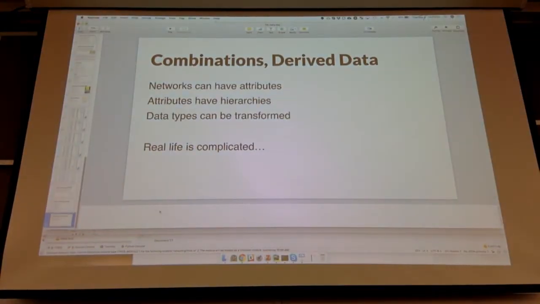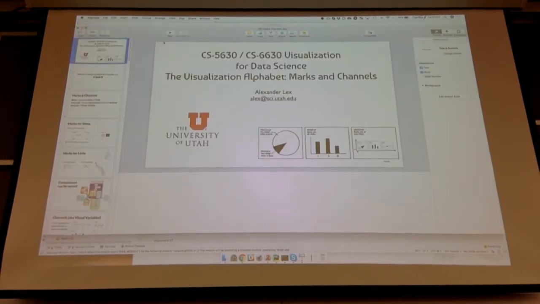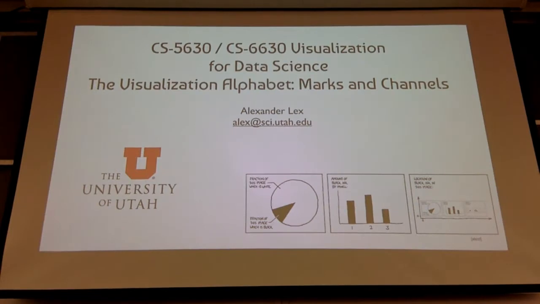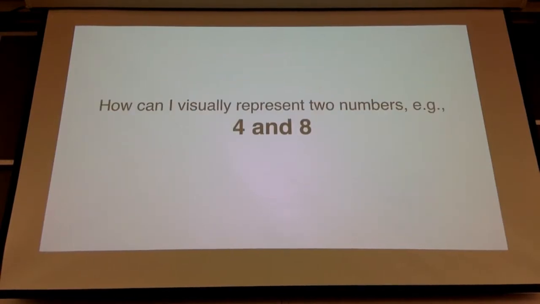Okay, so now I want to move over to the visualization alphabet, marks and channels. How can I visually represent two numbers?